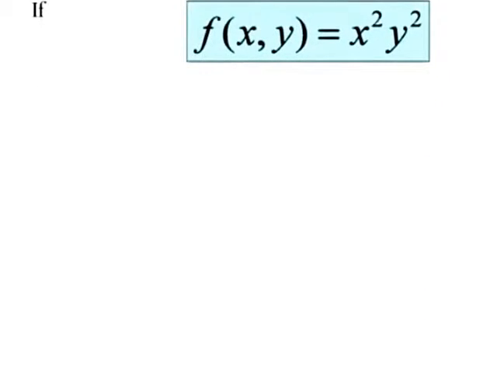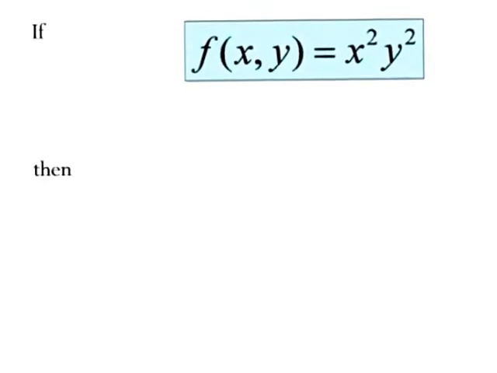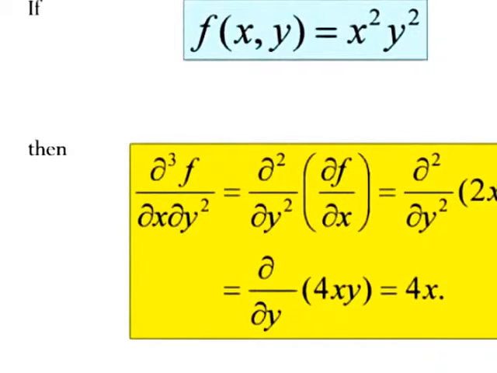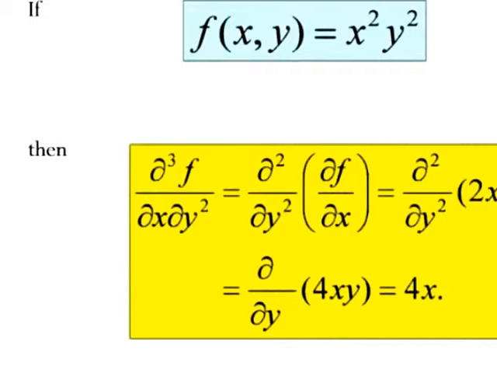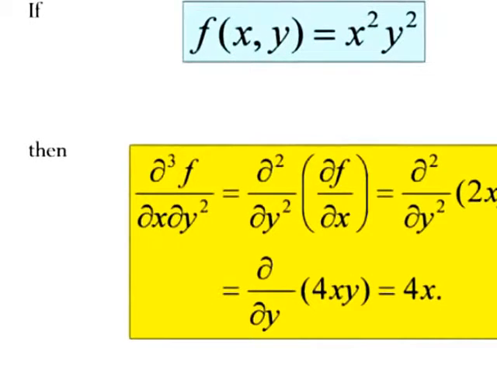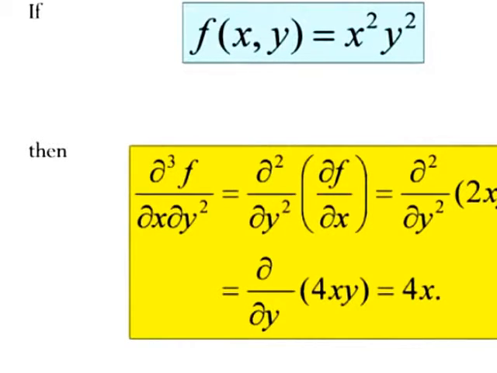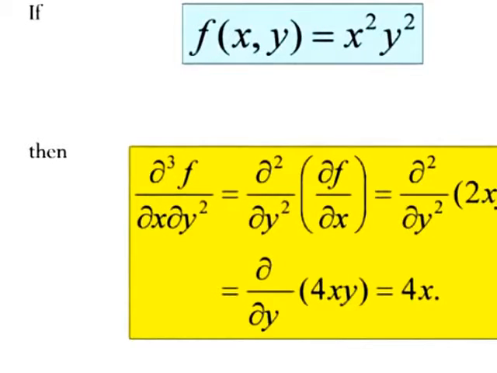For example, if f(x,y) is x squared y squared, then ∂³f/∂x∂y² is ∂²/∂y² of ∂f/∂x, which is ∂²/∂y² of 2xy squared, which is ∂/∂y of 4xy, which is just 4x.